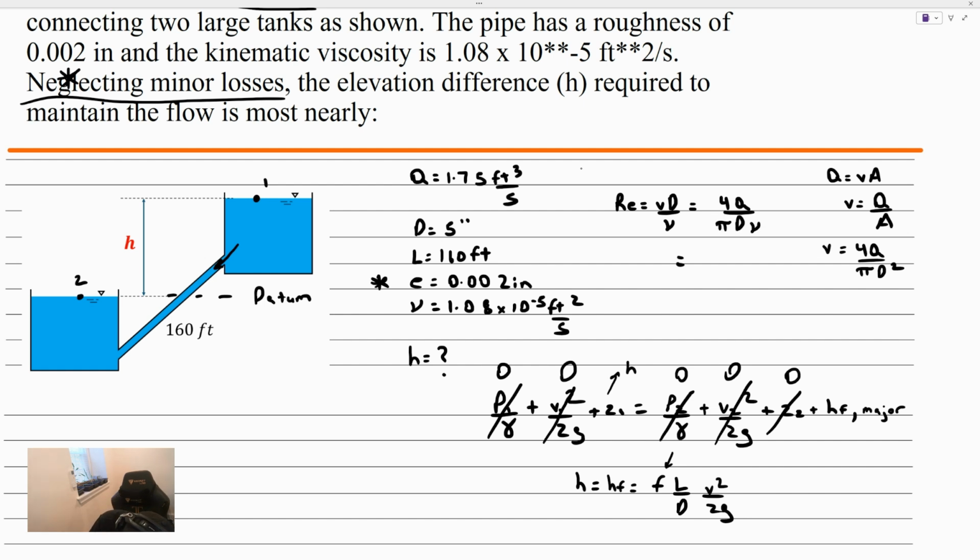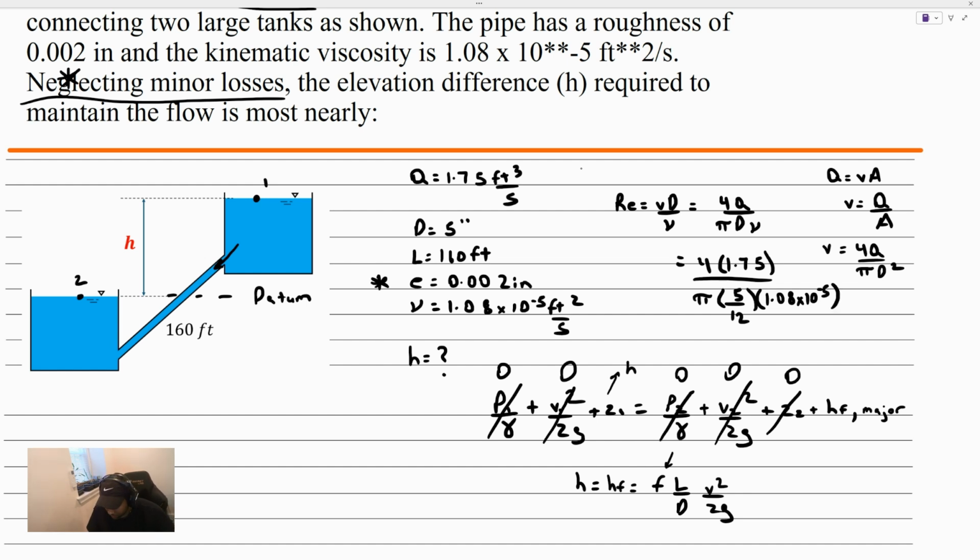If I plug in what I'm given, I know the volumetric flow rate is measured in cubic feet per second. There's a pi term. The diameter is measured in inches, so I'm going to convert that to feet by dividing by 12. And then my kinematic viscosity is also measured in feet and time, so those will cancel out the units. 1.08 times 10 to the minus 5.